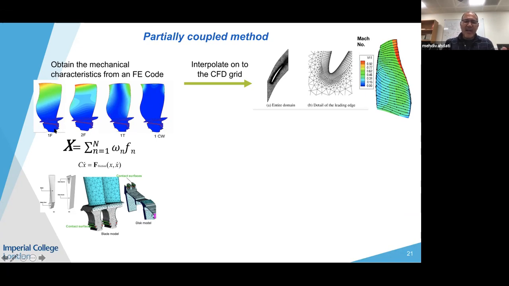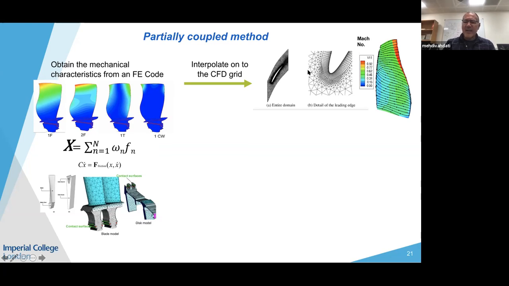We write the displacement of the blade as a summation of the frequency of the blade times the shape of the mode. These are the mode shapes of a typical fan blade, with contours of displacement plotted here. This is the first flap mode, which is typical of a fan blade, a mixture of plunging and twisting. This is the second flap mode, first torsion, and first edgewise. We are usually interested in basic modes like that.